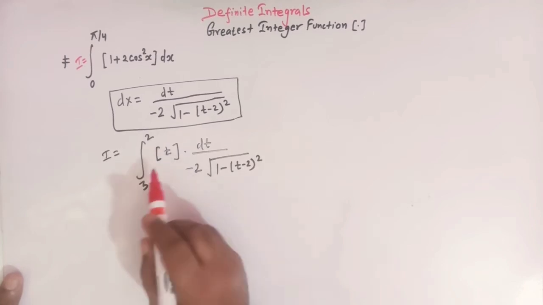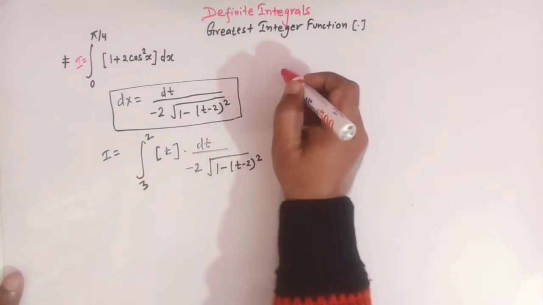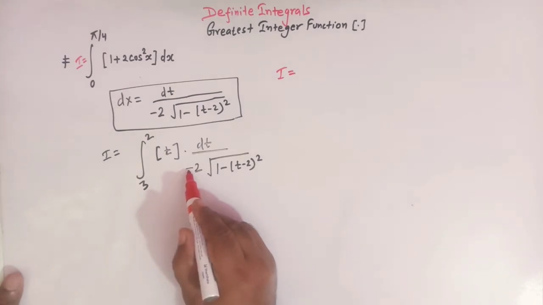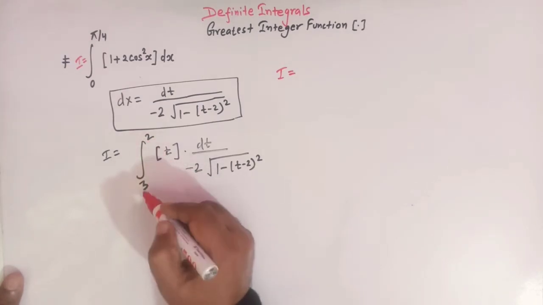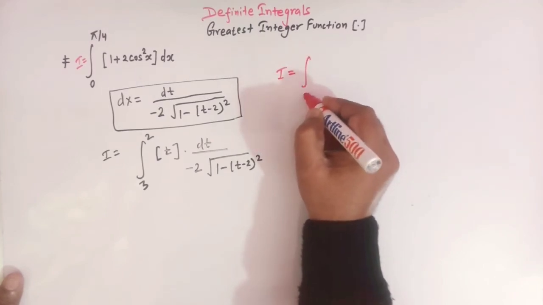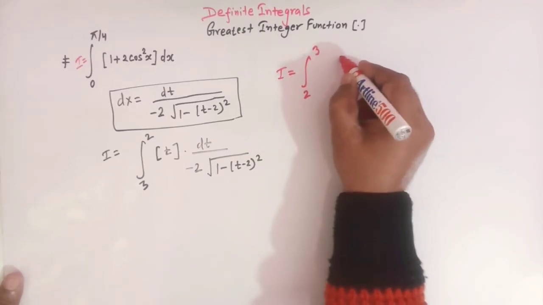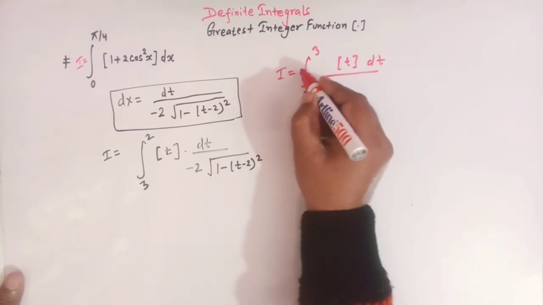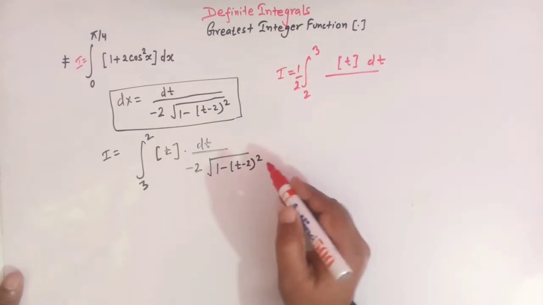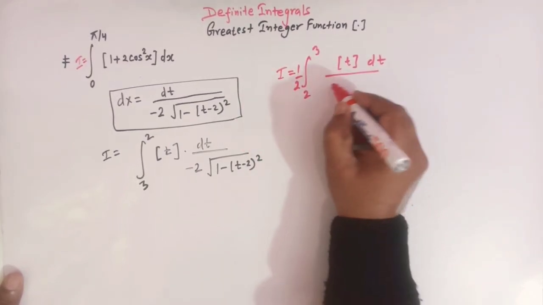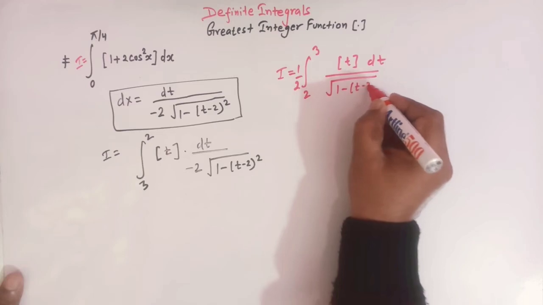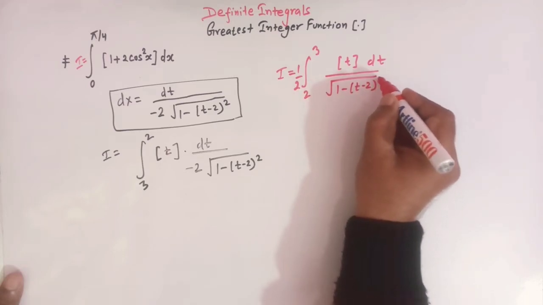Now let us rearrange this integral. We can write I, and see here we have the negative sign, so we can reverse the limits. So we have now 2 to 3, greatest integer of t dt, and we can take this 2 outside, that is we have half, and here we have square root of 1 minus t minus 2 whole square, right?